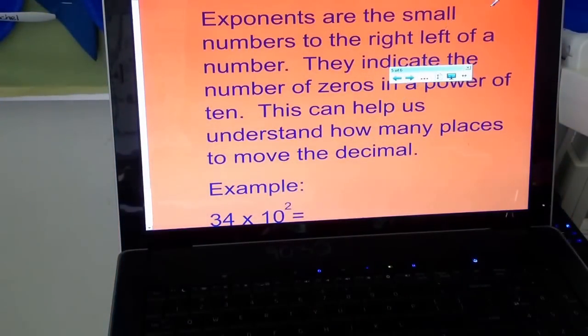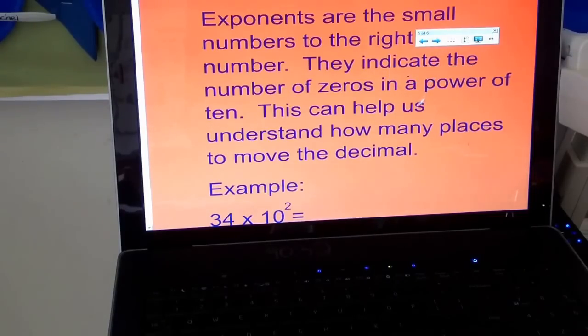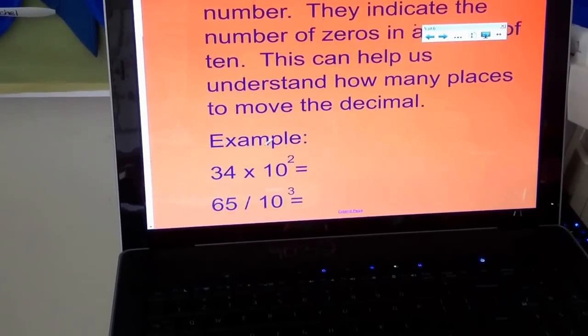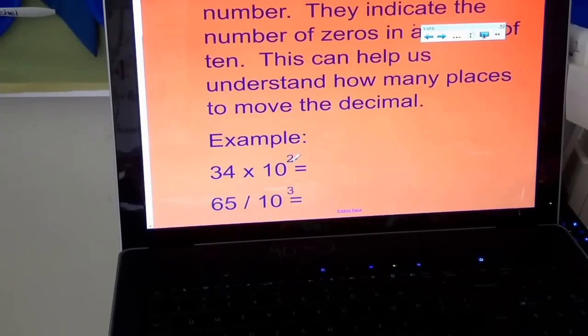Exponents are the small numbers to the upper right of a number. They indicate the number of zeros in a power of 10. This helps us understand how many places to move the decimal. For example, here, I already know I can look at the exponent and move it 2 spaces.